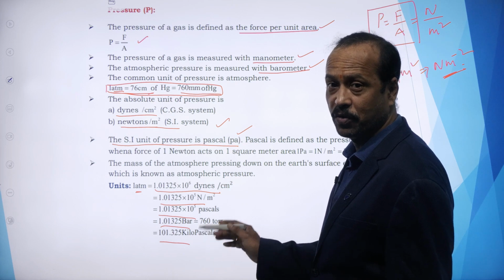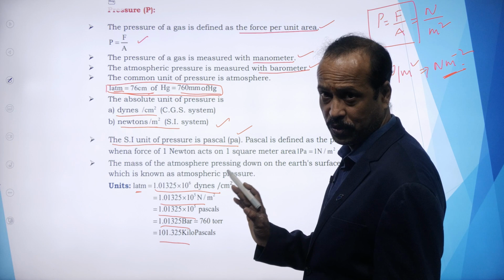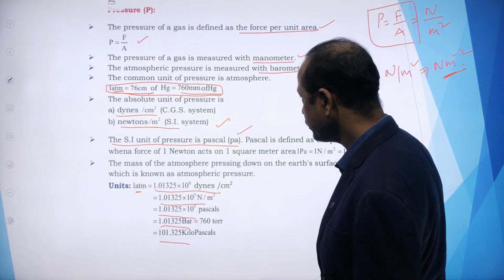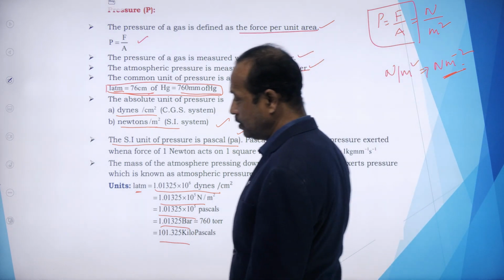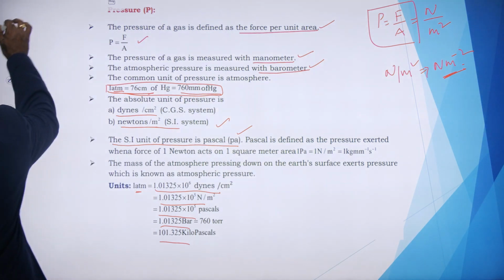So these are the different values of 1 atmosphere in different units. So you have to remember this one. Clear? So that's all about the mass, volume, temperature and pressure.